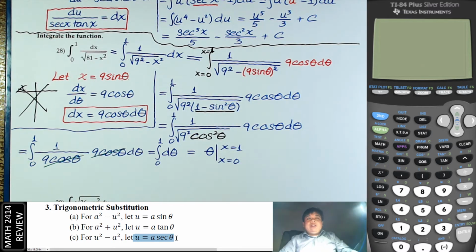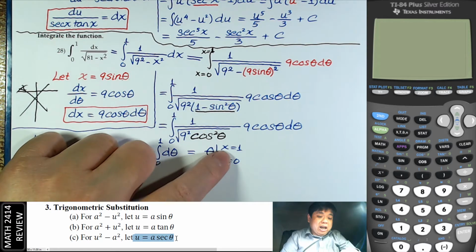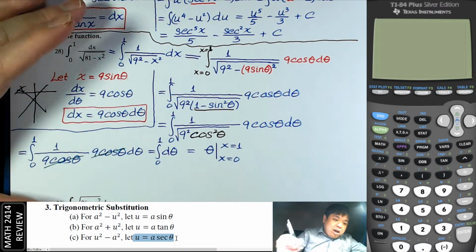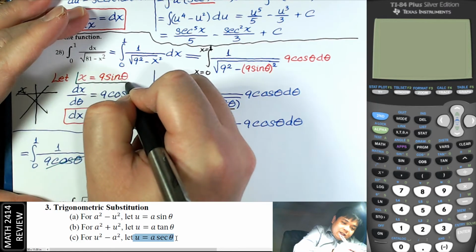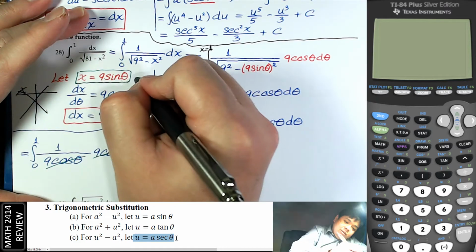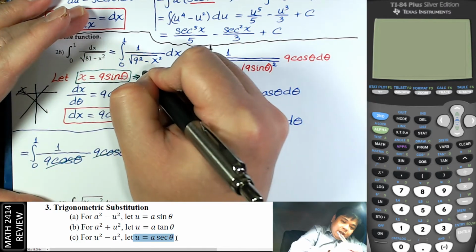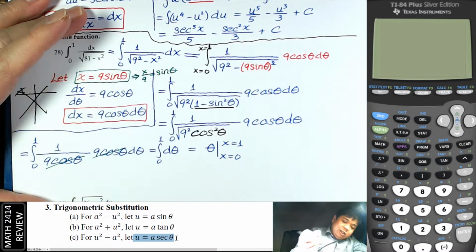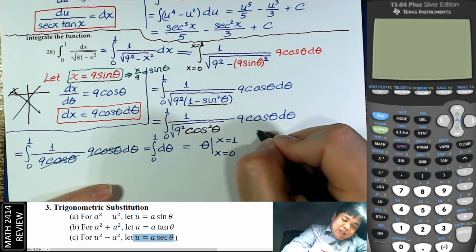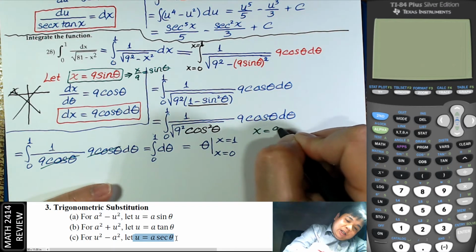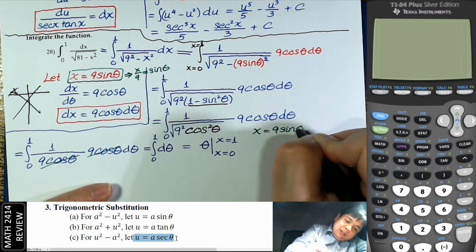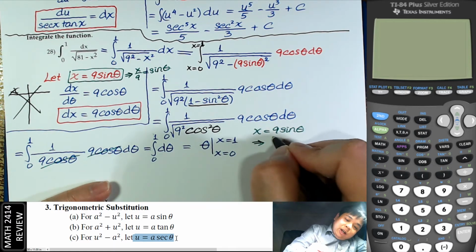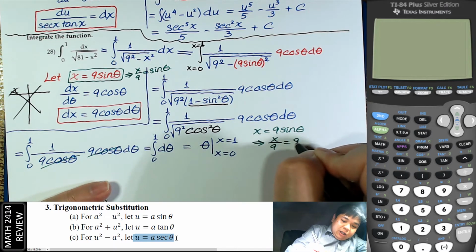Now this is theta. So if we have to write in terms of x, we can use this. It's not that bad. If this is x, x over 9 is equal to sine theta. I will write this over here. x equals 9 sine theta. So x over 9 is sine theta.